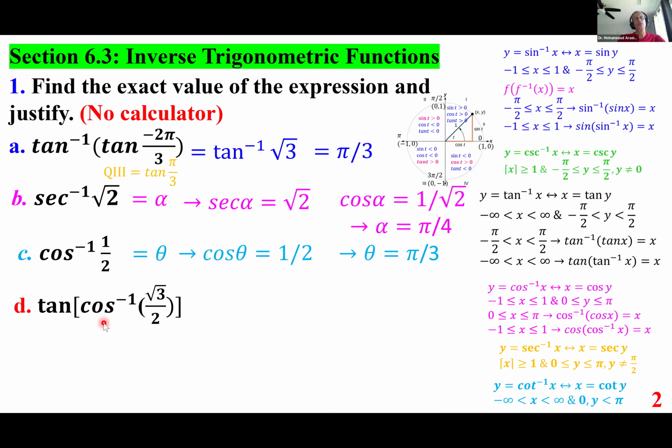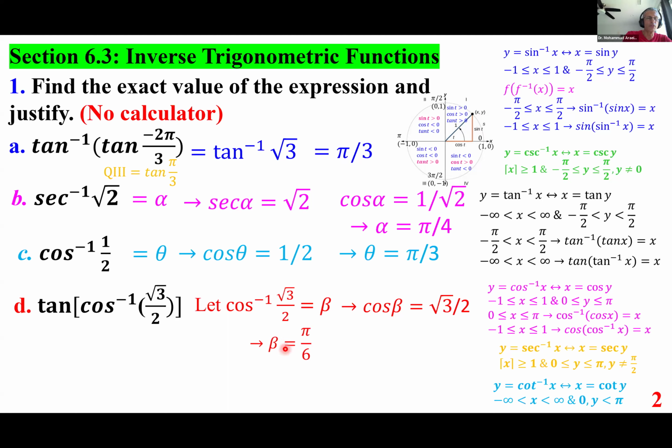Tan of cosine inverse of square root of 3 over 2. So this represents an arc or angle, something like alpha, beta, gamma; you choose, it doesn't matter what. So let cosine inverse of square root of 3 over 2 be beta. Then by definition of an inverse function, cosine of beta must be square root of 3 over 2. Again, this is a common arc. Beta must be pi over 6.